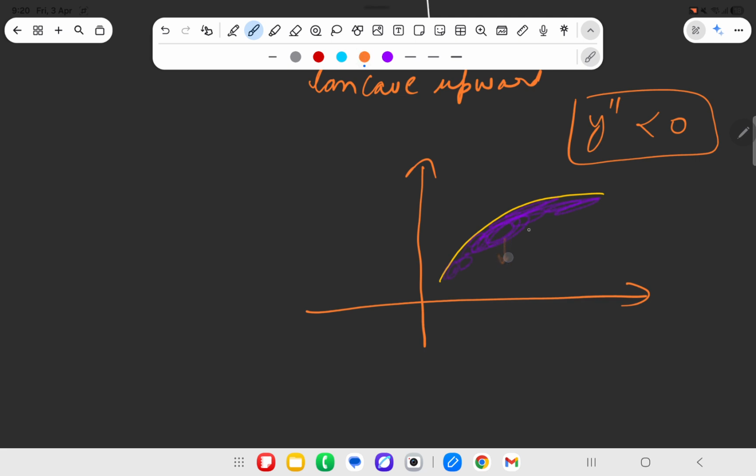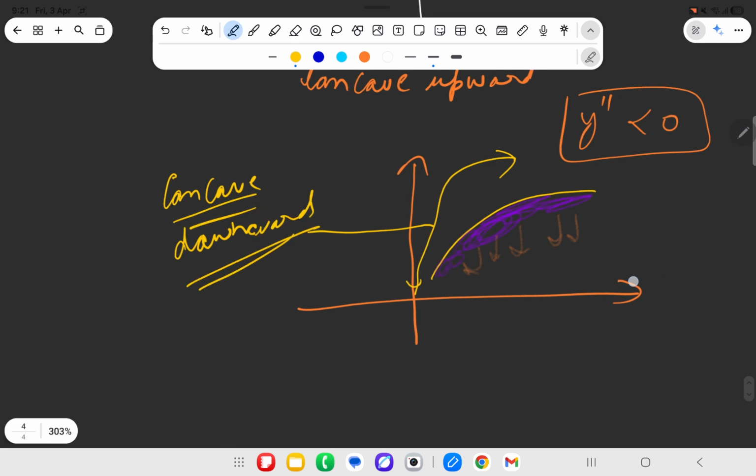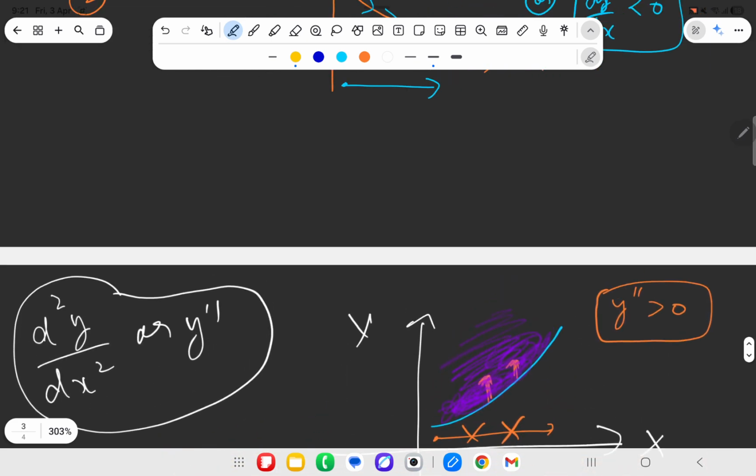It means that type of curve is called concave downward. Okay, so I hope you are able to understand.